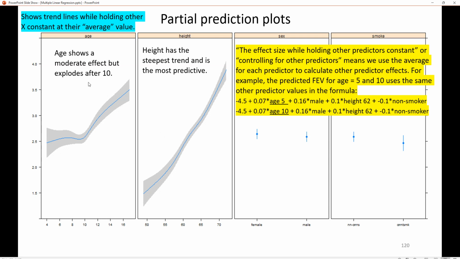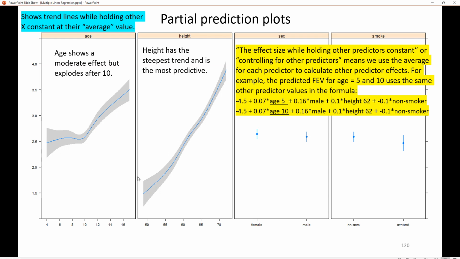So we see that on the left side, age shows a moderate effect, but it explodes after the age of 10. So something's going on around 11 and 12 for our patients, where their ability to exhale air greatly increases. And then we see that height has the steepest trend and is the most predictive.